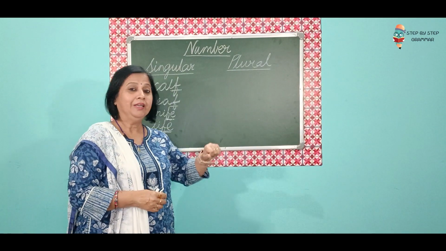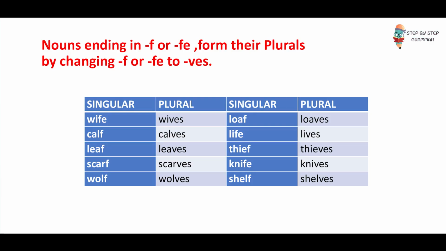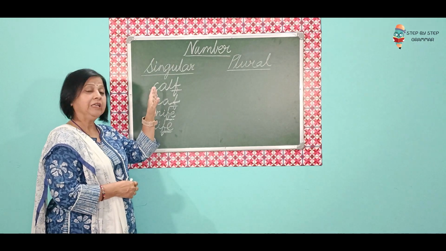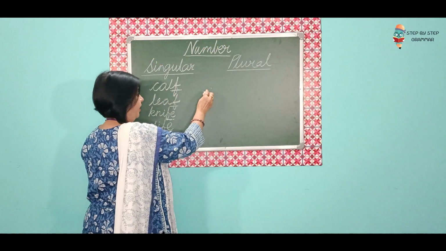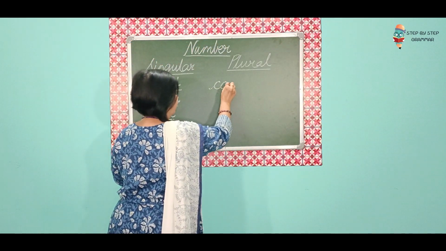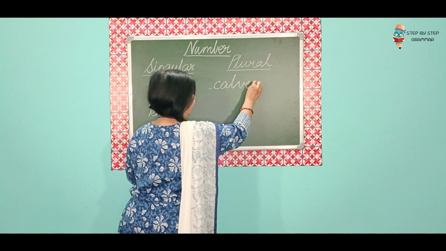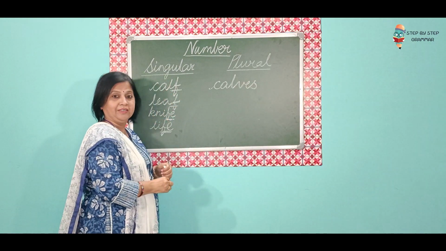The next rule, nouns that end in F or FE. What do we do with them? For example, calf. It becomes calves. We drop the F. The F is left out and calves, calves.